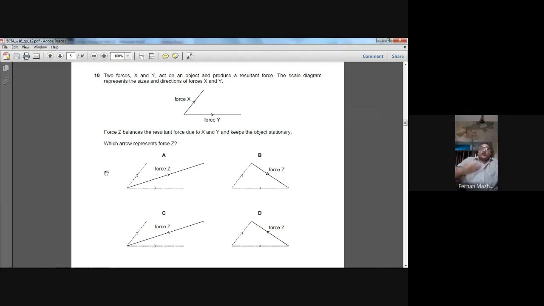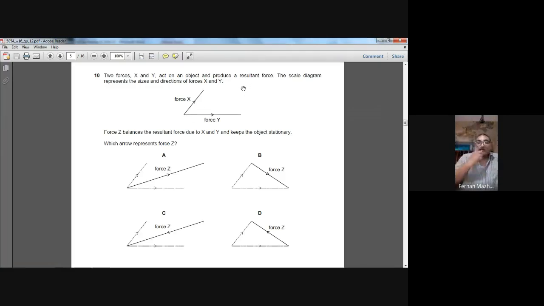If you want to find out the resultant of these two forces, force X and force Y, you will complete the parallelogram. When you complete the parallelogram, the resultant will be the point where the tails of these two are joined. You join this point with the opposite corner of the parallelogram. That will be their resultant. Your arrow will be in this direction.